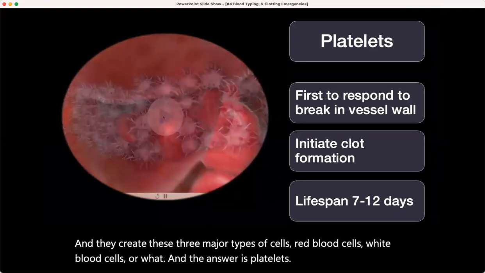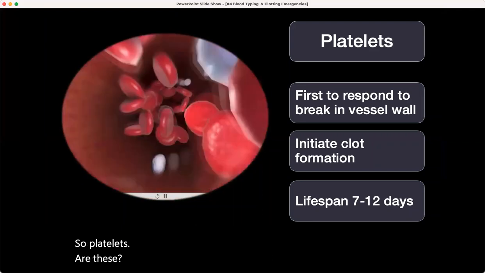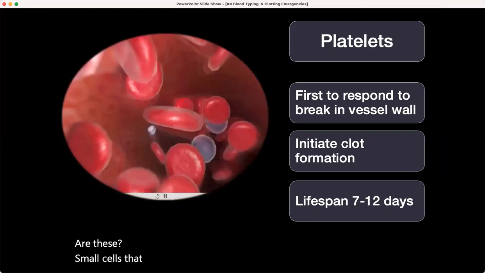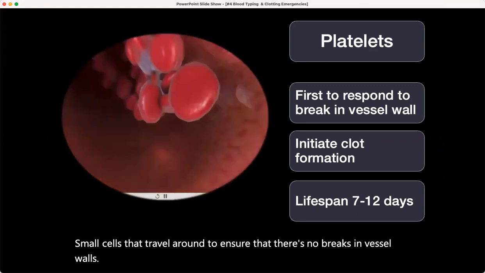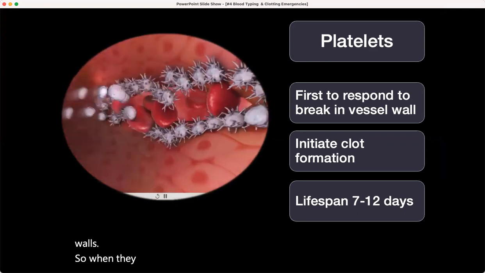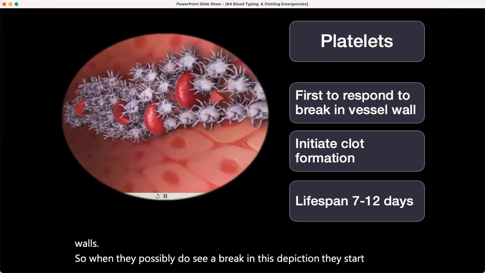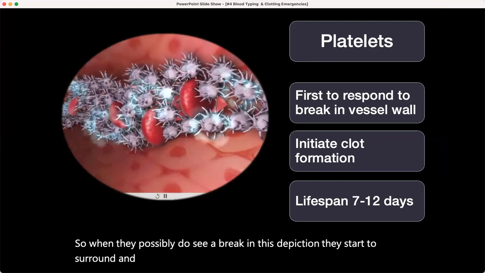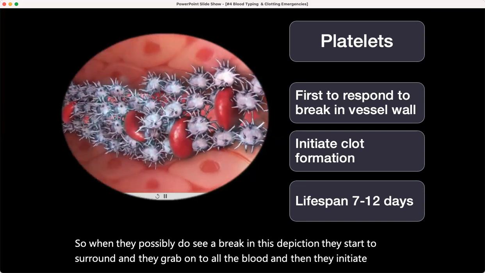So platelets are these small cells that travel around to ensure that there are no breaks in vessel walls. When they possibly do see a break in this depiction, they start to surround and grab on to all the blood, and then they initiate this clot formation.